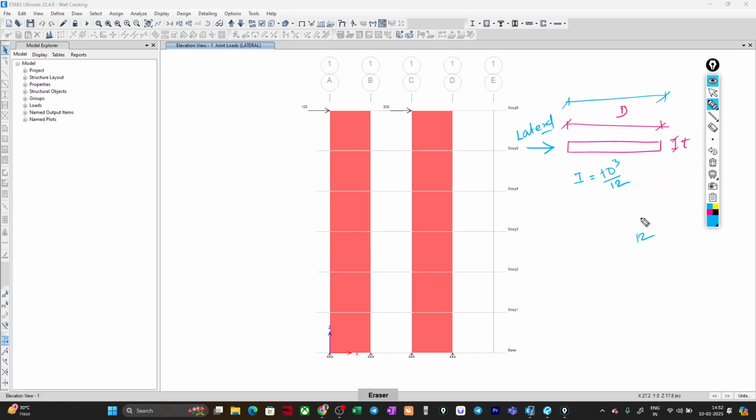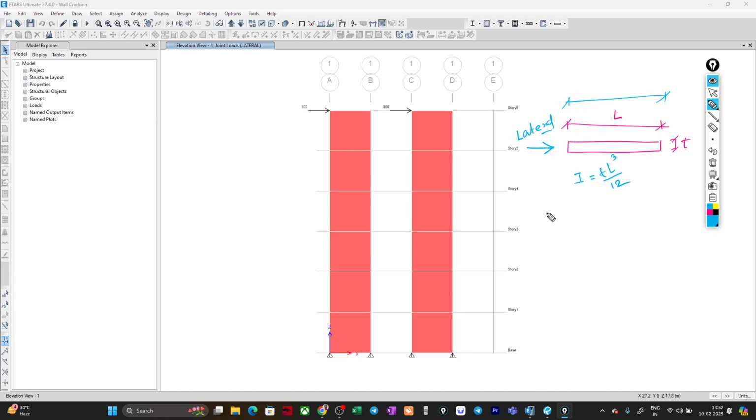That's why we can write it as t d, or suppose the length of the wall, if I just write it as L, so in this case it will be, sorry, T L cube by 12. So this is the moment of inertia which is responsible for resisting this lateral load.